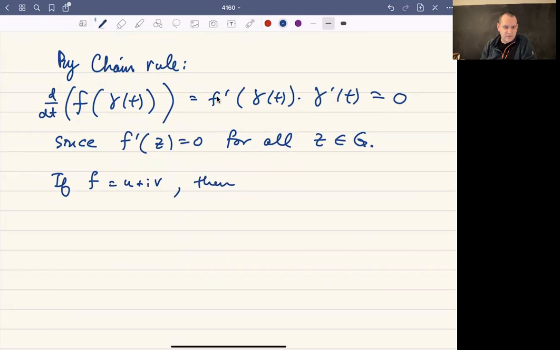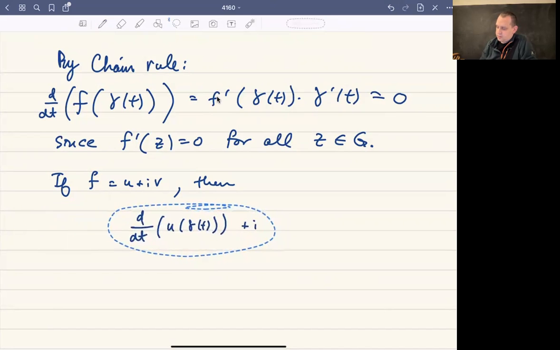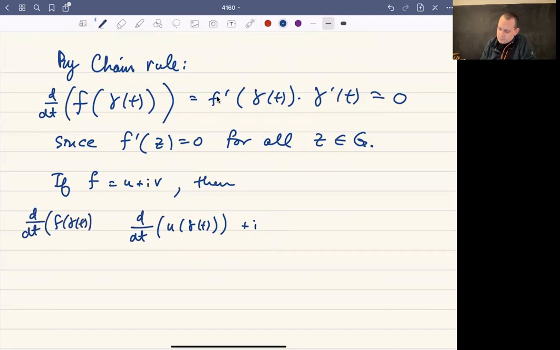The derivative of f of gamma of t is equal to the derivative of u of gamma with respect to t plus i times the derivative of v of gamma with respect to t.